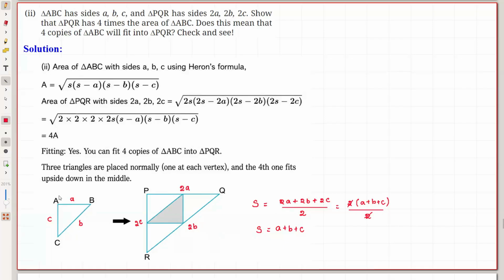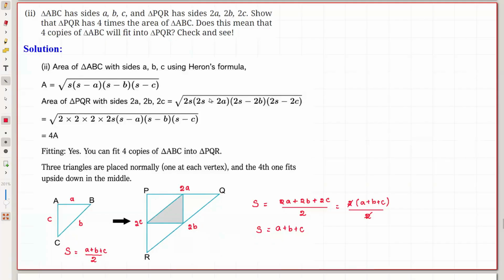For the original triangle, the semi-perimeter is A plus B plus C by 2. For the new triangle, it is A plus B plus C, which is 2 times that. The semi-perimeter is double, so in place of S we take 2S. And 2S minus the sides 2A, 2B, 2C.